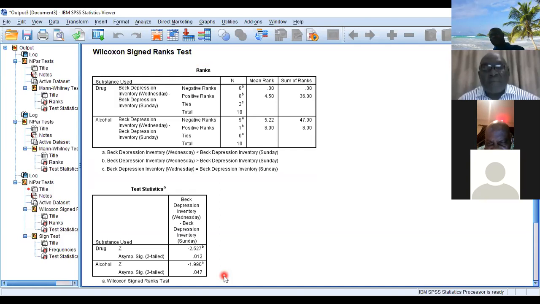Dr. Kolapo, sorry to take you back, I just want to really get it right. In both cases, there is a statistically significant difference in depression scores, but for drug, the p-value is less than that of alcohol. So the lesser the p-value, the more significant.